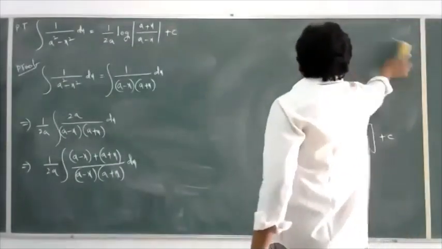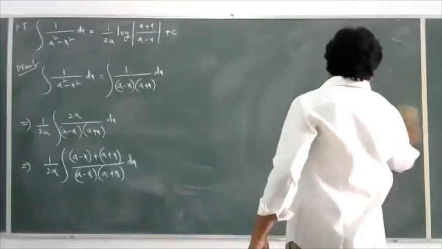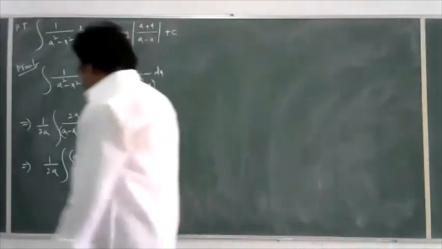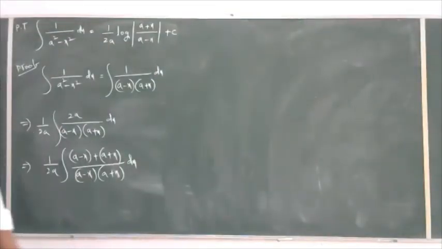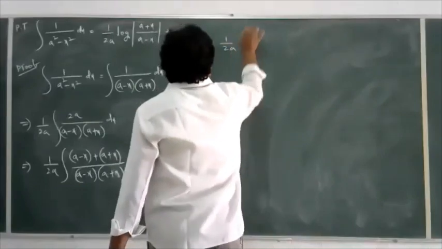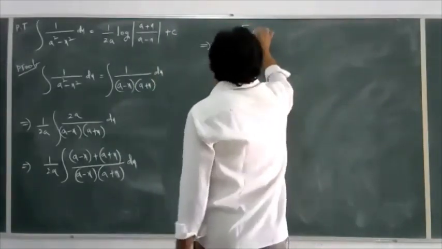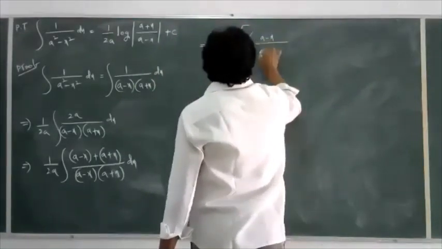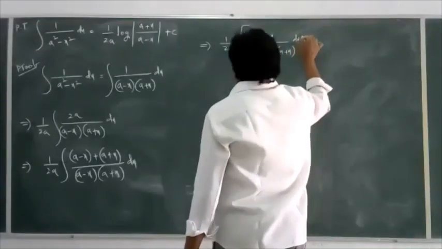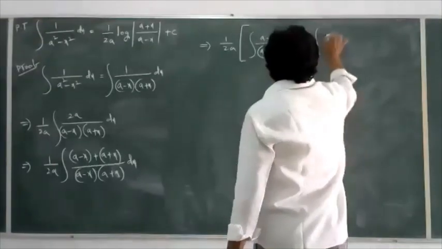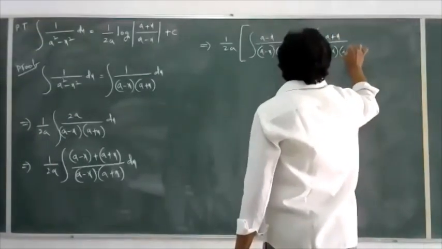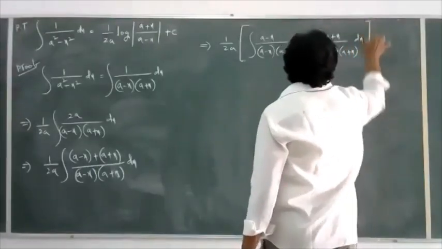So in the same way, you can split this total function into two integrals. That implies 1 by 2a bracket integral a minus x by a minus x into a plus x dx plus integral a plus x by a minus x into a plus x dx.